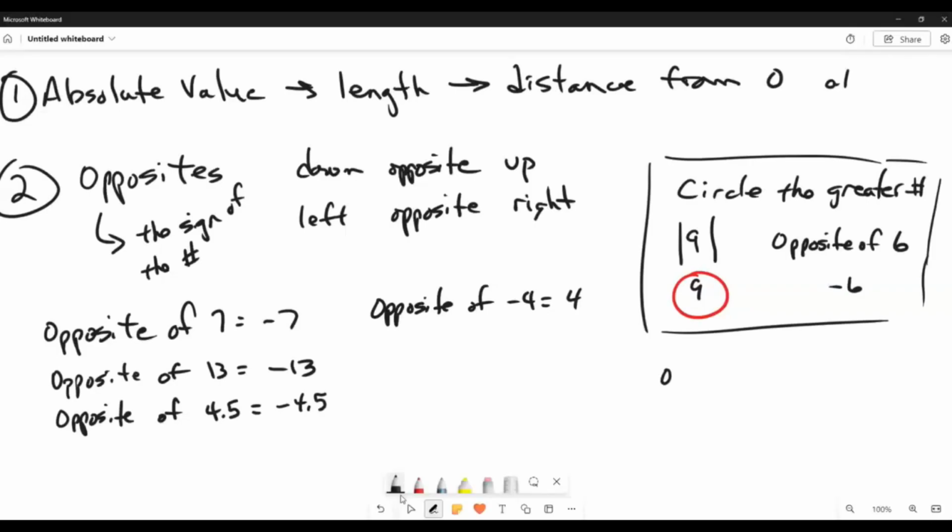The second block is opposite of 8 and absolute value of -11. Well, the opposite of 8 is -8. The absolute value of -11 is +11. So +11 is bigger.